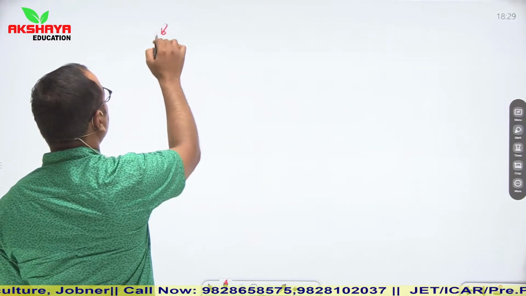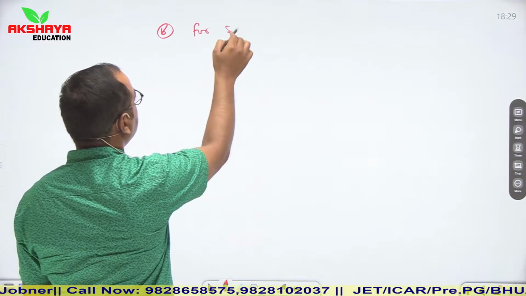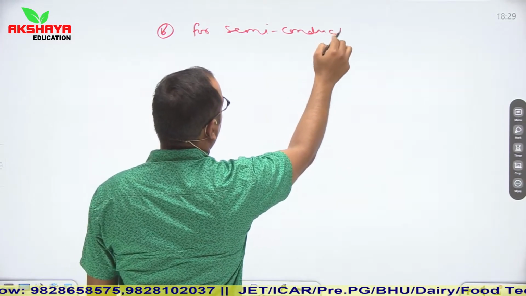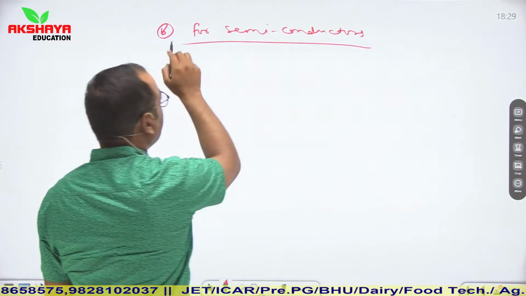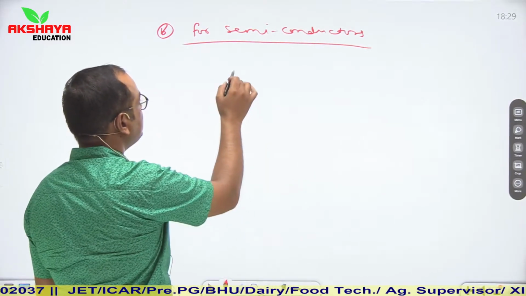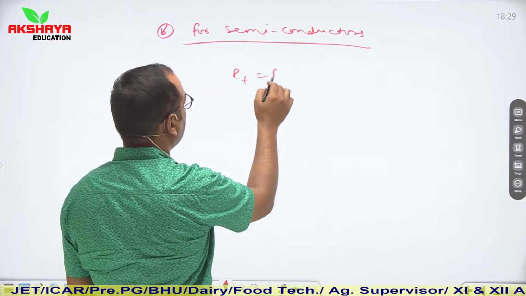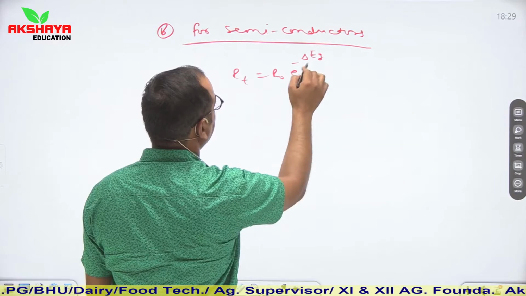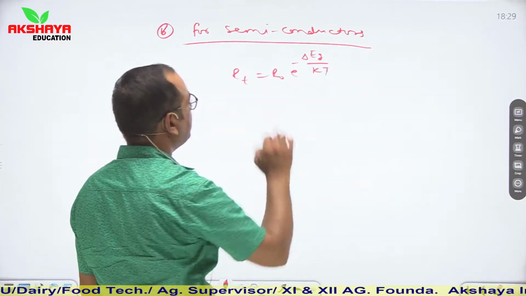Then for semiconductors. If we talk about the dependence of resistance on temperature for semiconductors, then this relation is RT is equal to R naught into e to the power minus del Eg upon KT. This is the dependence.